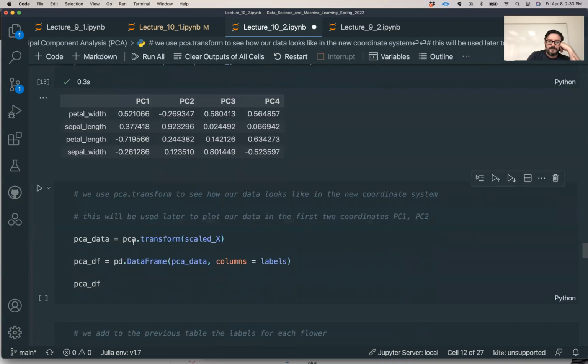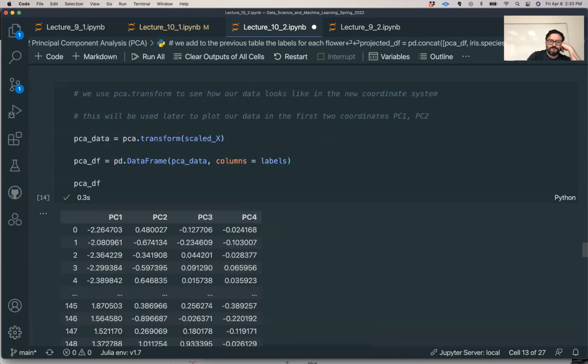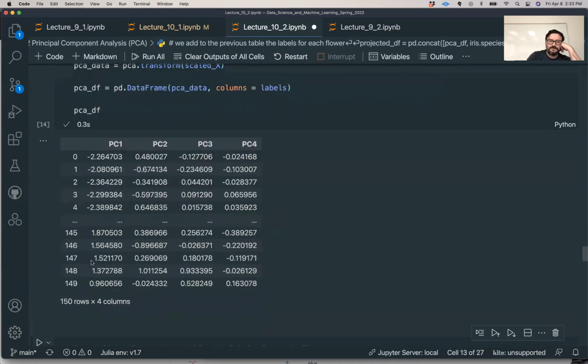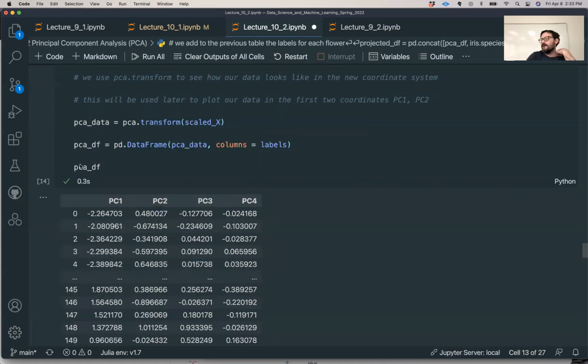Okay, so let's now look at the entire iris data set in terms of the principal components. We're transforming the data. Maybe I didn't emphasize this enough, and I will in a short video I want to make for you guys on PCA and SVD.